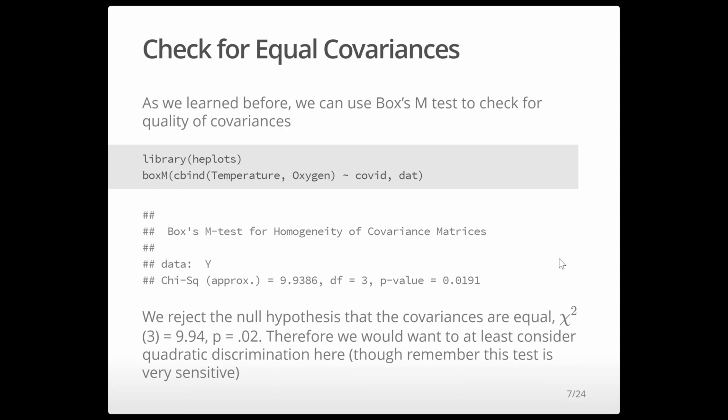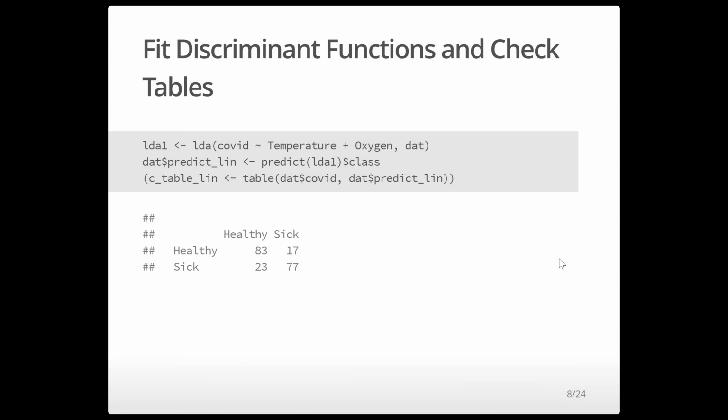We don't necessarily want to default to it, because remember, this test is very sensitive and it can be rejected even in cases where it's okay to keep the assumption of equal covariances. But if you're rejecting it, this is at least evidence that you should consider quadratic discriminant analysis.